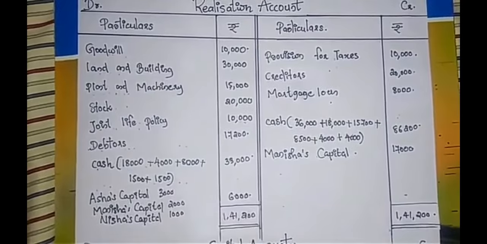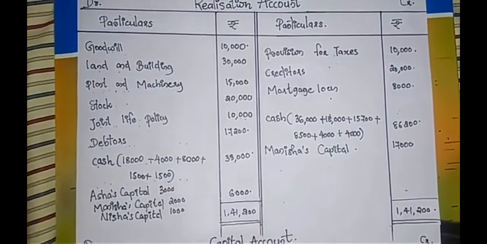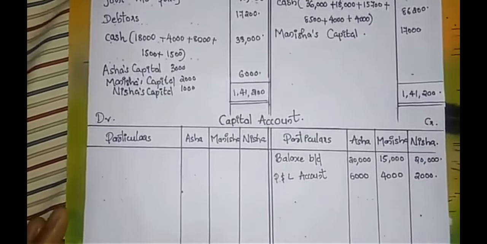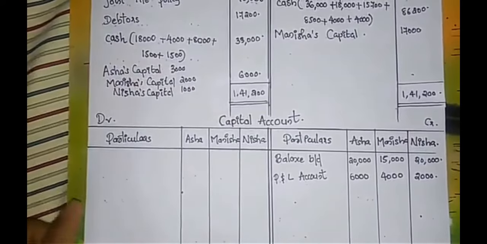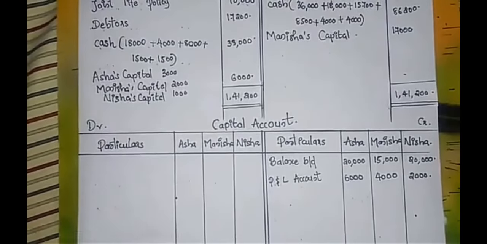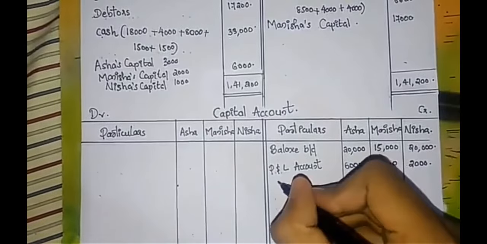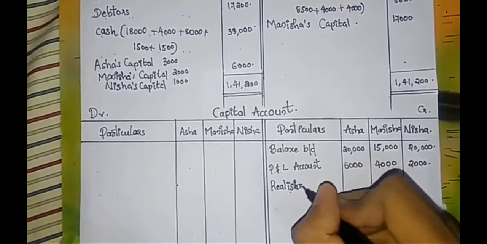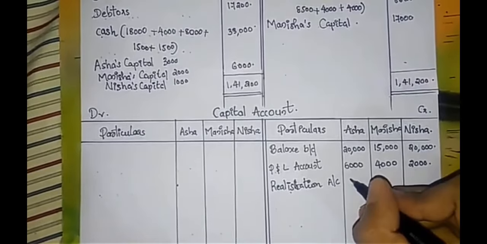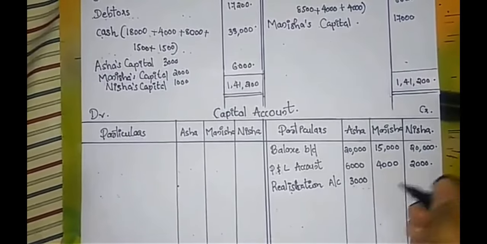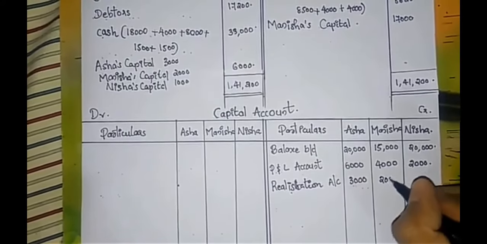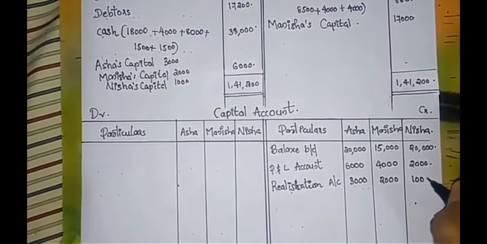Now we have to prepare the partner's capital account. So first we need to transfer this realization profits to the partner's capital account. So realization account, Asha rupees 3000, Manisha rupees 2000 and Nisha rupees 1000.